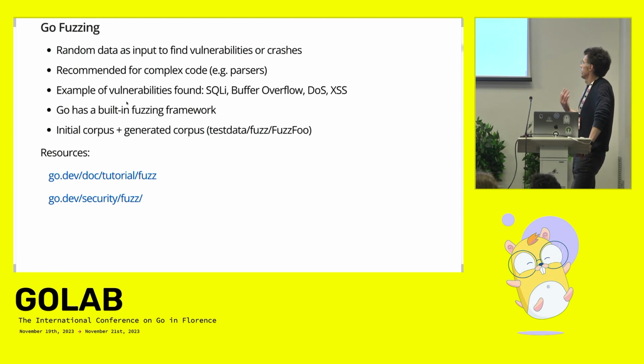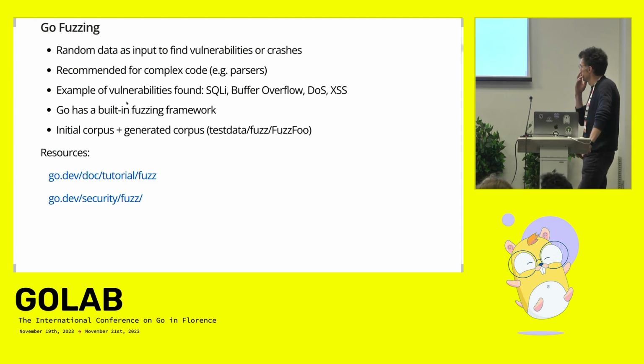I would say it's really good to discover vulnerabilities or crashes. Fuzzing essentially is generating random data which gets injected into your function, and in this way you can find vulnerabilities or crashes. And especially for code which is really complex, so which you cannot really unit test.